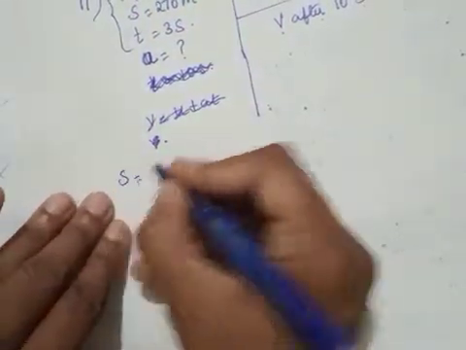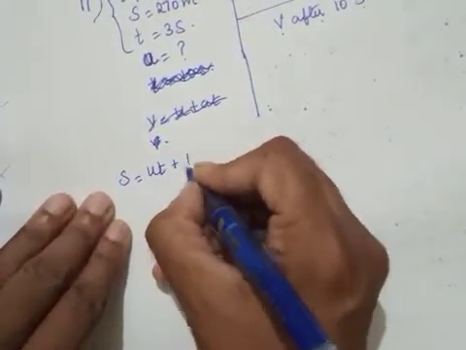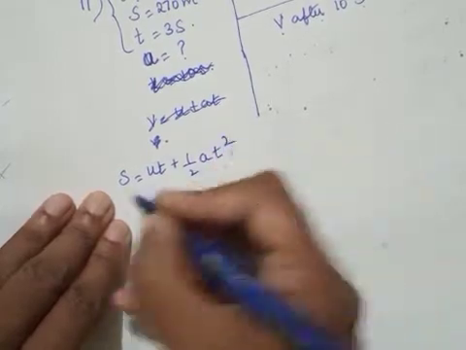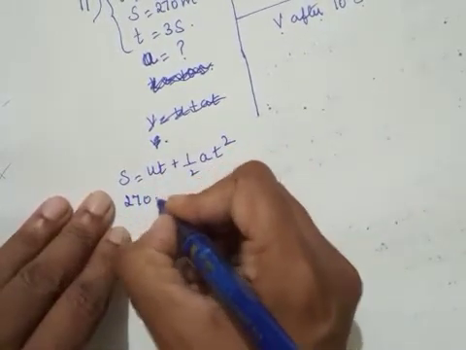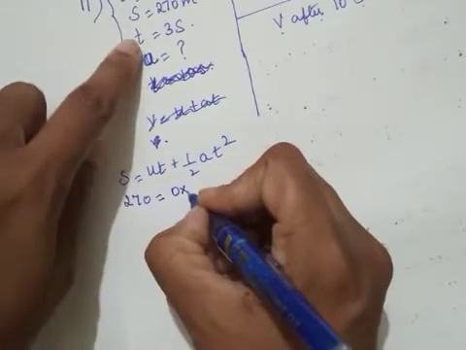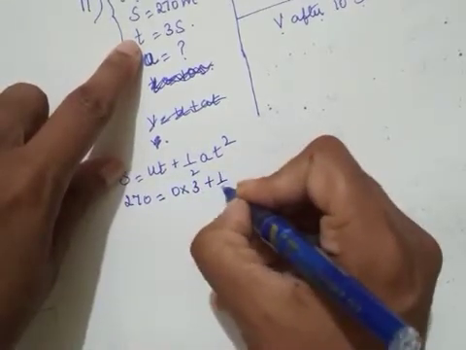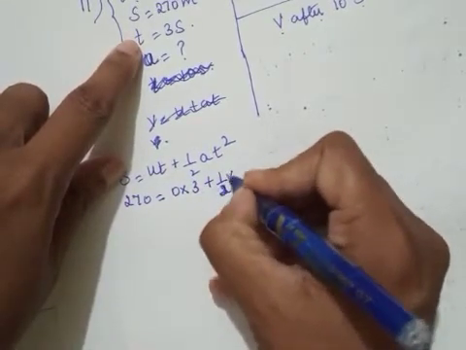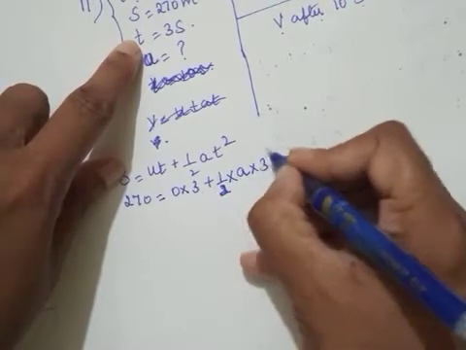For that we have to use the second equation. S is equal to ut plus half at square. Now S is 270, U is 0, T is 3, 1 by 2 into A we don't know, into 3 square.